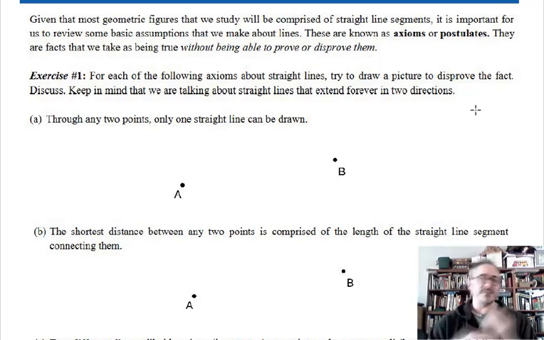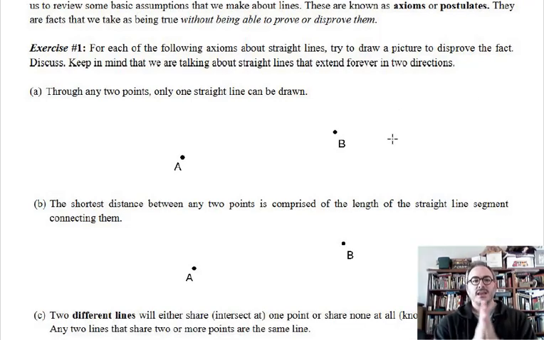And so we need to talk about some of the axioms or postulates we use in geometry to make inferences about these line segments. What we have to know about axioms and postulates is that they're facts that we assume to be true without being able to prove or disprove them. Let's take an example to make this a little clearer.